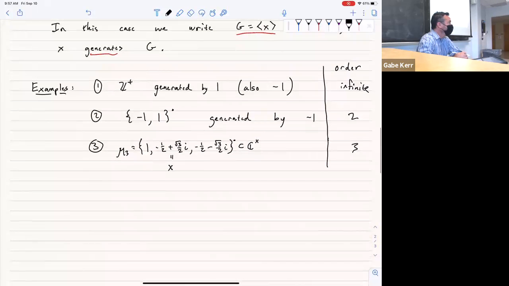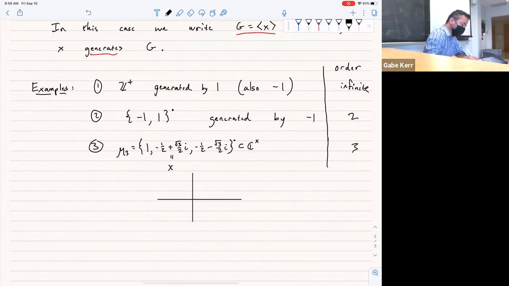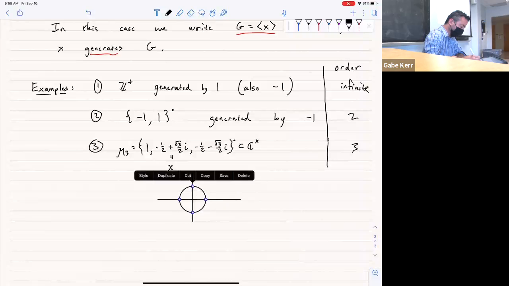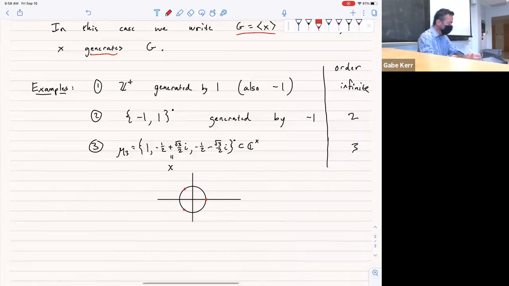What is this group? What does this look like? 120-degree rotations of the circle. I take my circle and give myself 3 elements. These 3 elements multiply in a closed fashion.